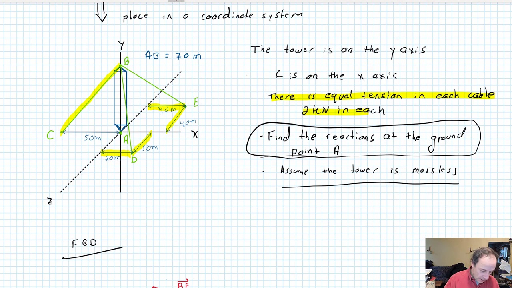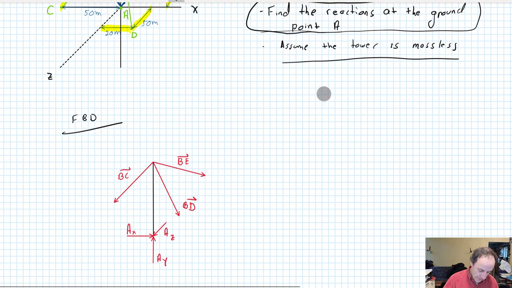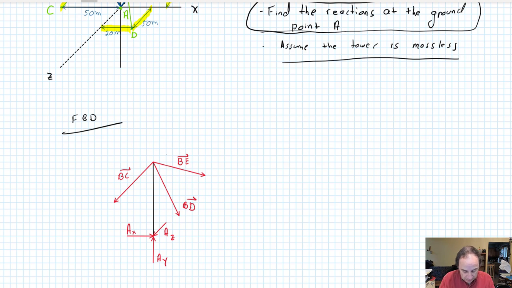Okay, so our next step, as always, is our free body diagram. The cables have been replaced by 3 force vectors. The ground has been replaced at point A by 3 reaction forces, 1 along each of the major axes. And the tower itself is massless.